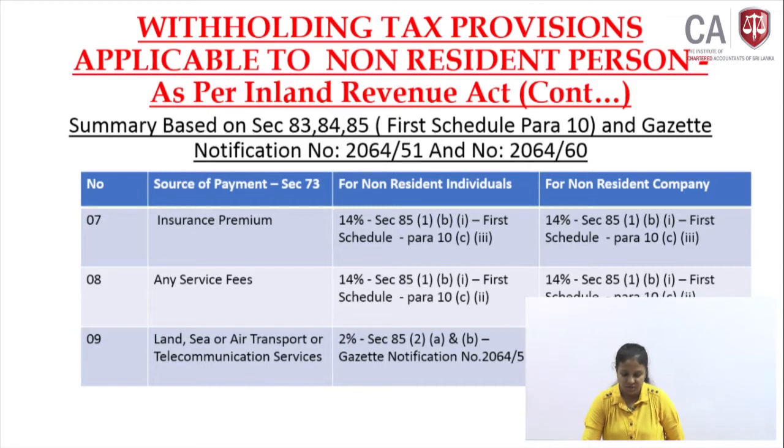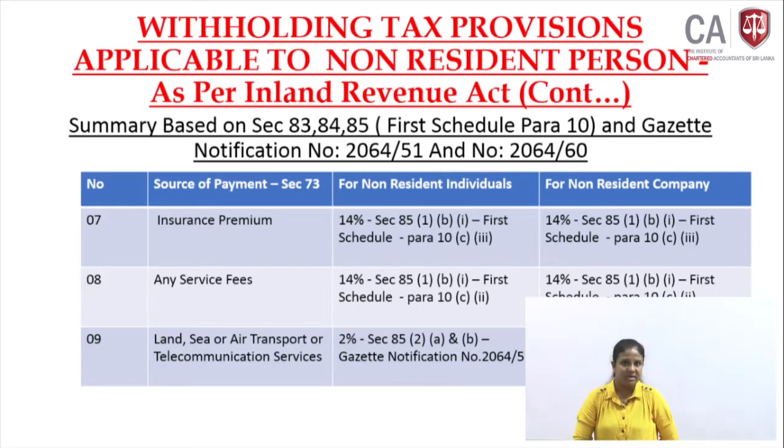In that gazette notification, which is 2064/51, the rate is given as 2%. It is linked to the Inland Revenue Act under section 85 subsection 2A and B, and the particular gazette notification is issued for both non-resident individuals and non-resident companies.